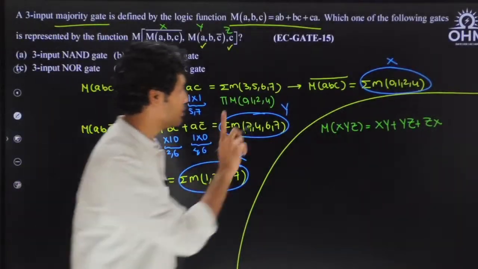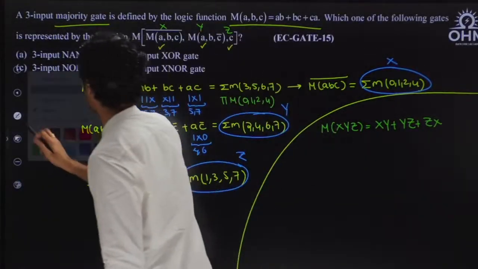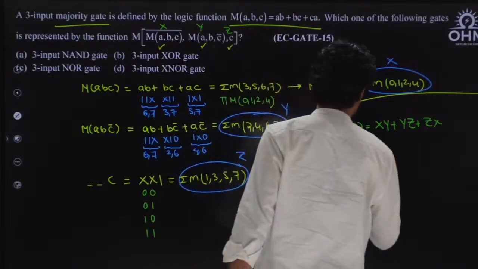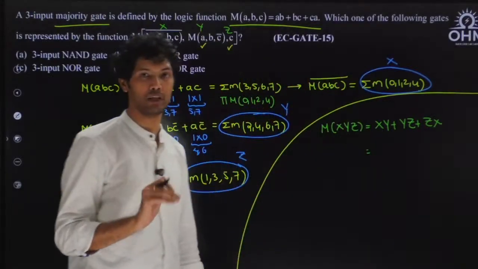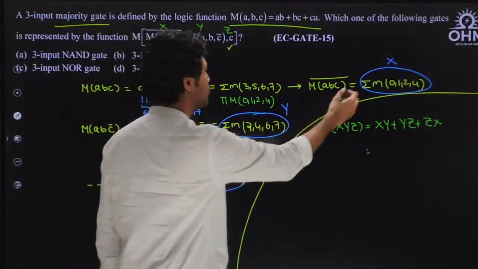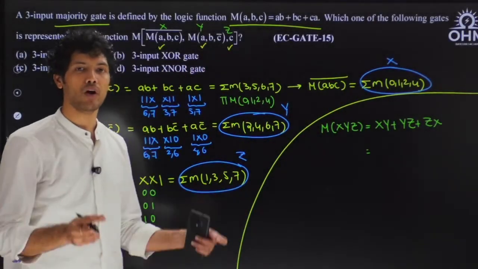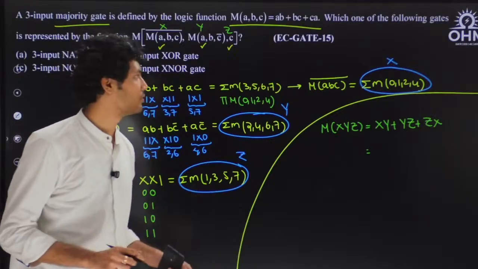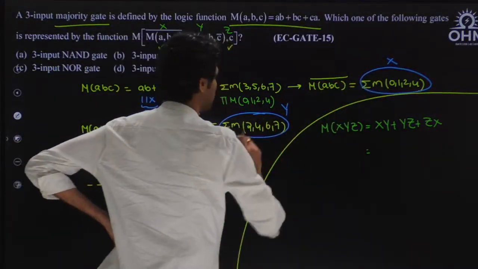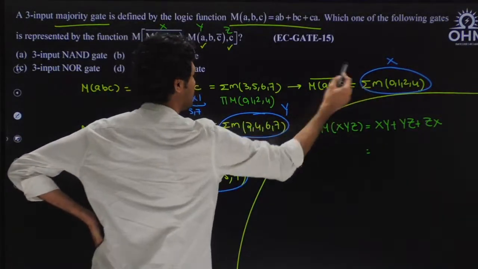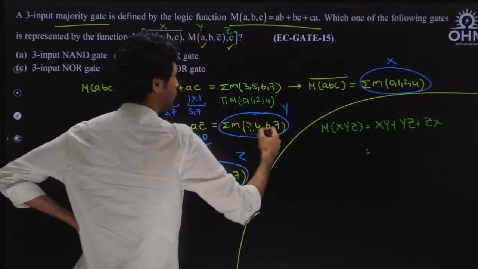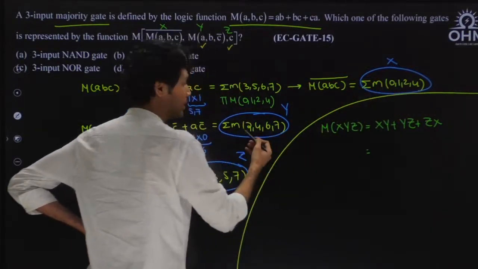So please notice, if you have these three in mind, now you have to take multiplication of two functions given in terms of minterms format. Whenever you have two functions given in terms of minterms format and you are logically multiplying both of them, all you have to take is common minterms. So in x and y, what are the common minterms? 0 is present here, not here. 1 is present here, not here. 2 and 4 are present in both places.